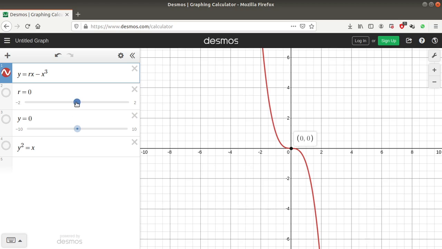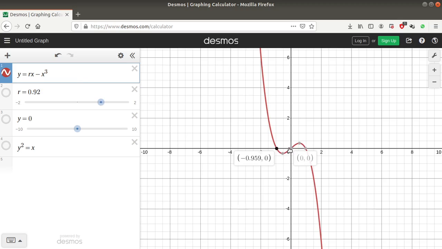But if I increase the r value further, suddenly we have three fixed points: this one, and this one.